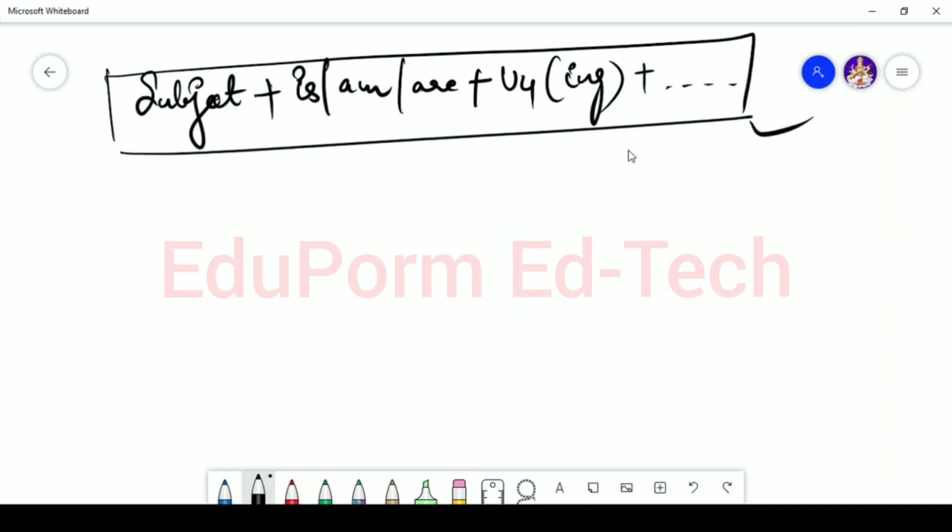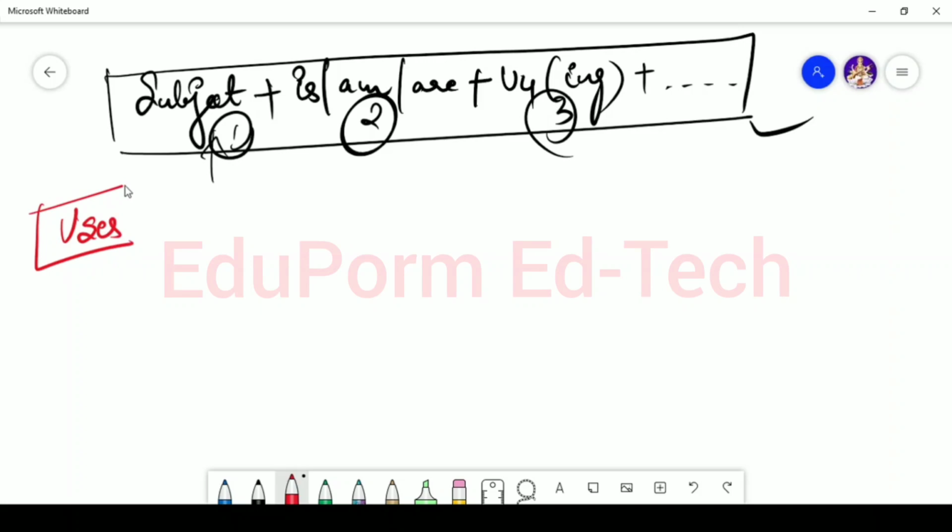If the sentence is in this form, that is the subject, then helping verb, then V4, then you can easily differentiate which form of tense has been used here.